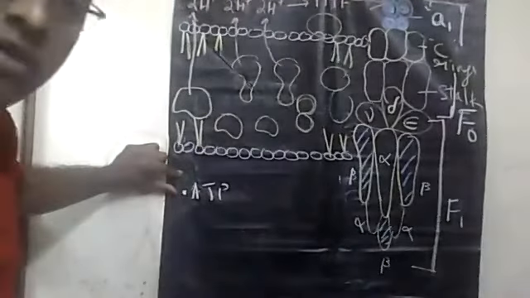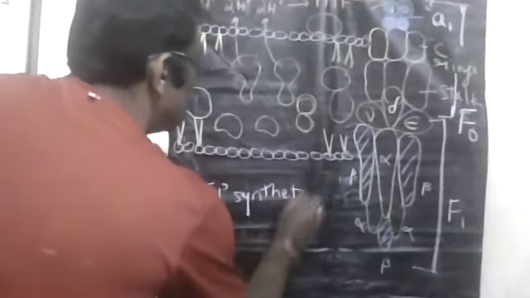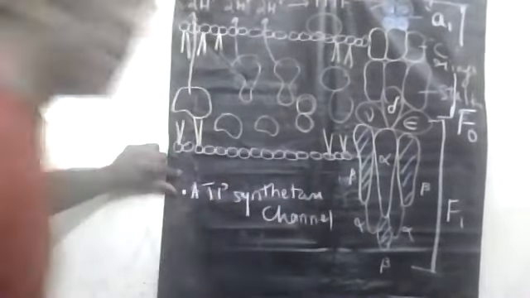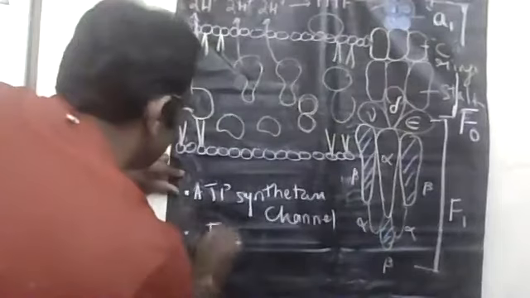Don't write just below the diagram. Go away from the diagram and write a few points. ATP synthetase channel is whatever I've drawn on the right hand side. It will have what components?